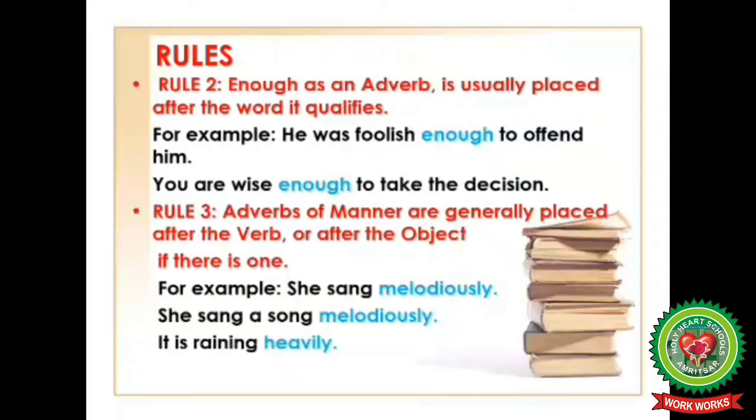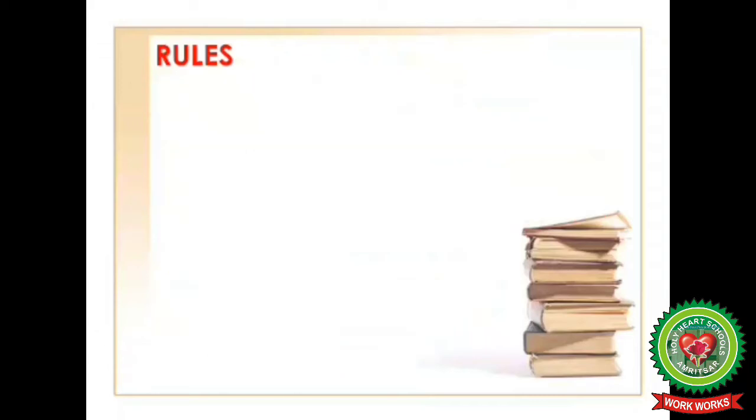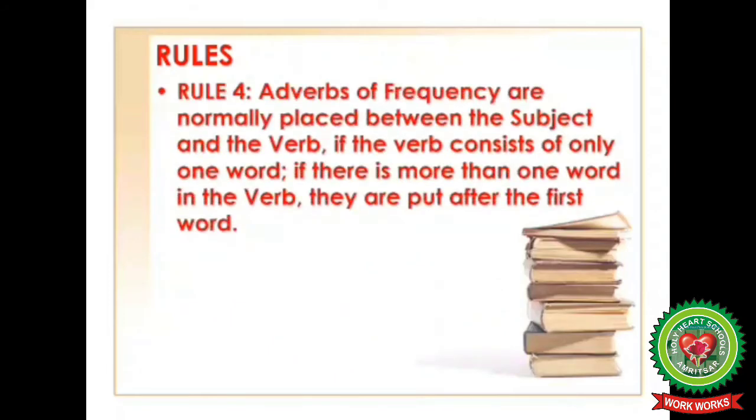So, melodiously is placed after an object, that is a song. It is raining heavily. In this sentence, again, the verb is raining. So, the adverb of manner heavily is placed after the verb raining. Next rule. Adverbs of frequency are normally placed between the subject and the verb if the verb consists of only one word, and if there is more than one word in the verb, they are put after the first word.